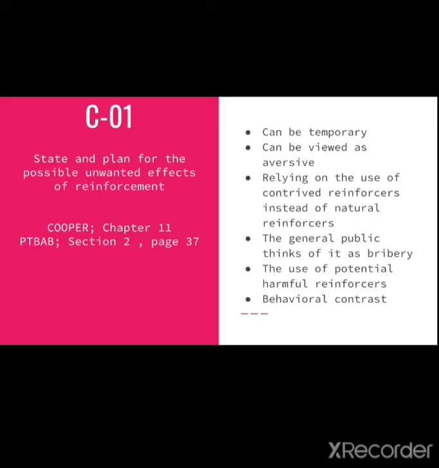For instance, if your intervention is at a work setting and the individual is cursing a lot and you put them on an intervention at work to no longer curse, and then they go home and they curse up a storm like a pirate, that's a positive behavioral contrast. It's because the intervention was not applied in the other setting. So we want to make sure that we apply the intervention to all settings that the individual is going to be utilizing.